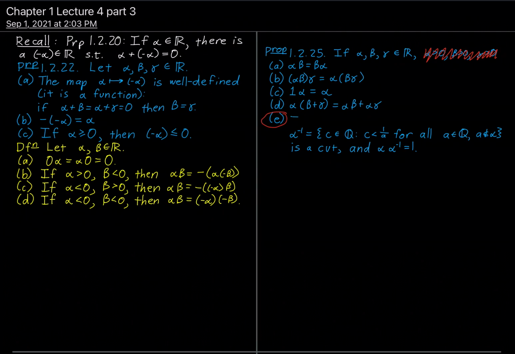This is true if alpha is positive, and if alpha is negative, then alpha inverse, it's the same trick. You take negative alpha, so it's positive. You take the inverse, and then you take the negative of that also, and that is going to satisfy alpha times alpha inverse equals 1.